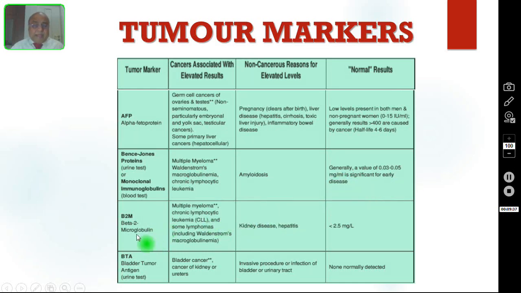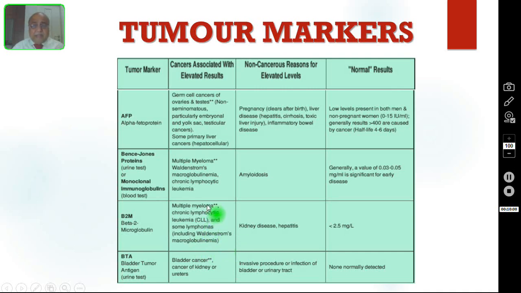Now the third one is B2M, or beta 2 microglobulin. This is elevated in multiple myeloma, chronic lymphocytic leukemia (CLL), and some lymphomas including Waldenstrom's macroglobulinemia.